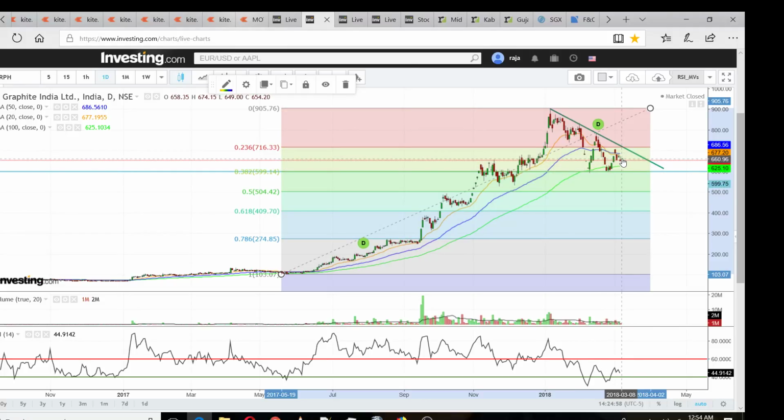Now what I think, as I told before, is this support will be broken. This is making lower highs, lower lows, and if at all that happens, you need to wait to add more.